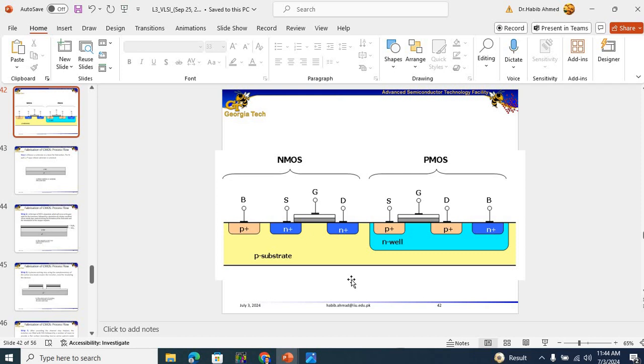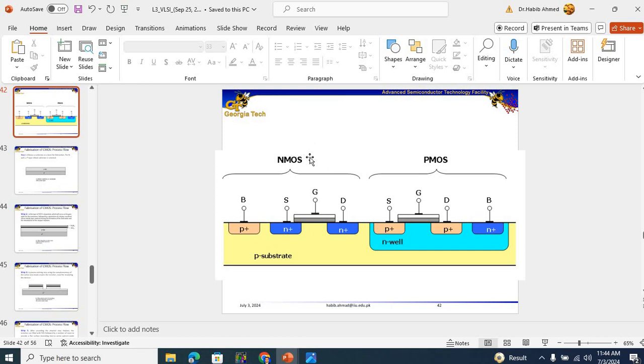CMOS stands for complementary metal oxide semiconductor. CMOS technology is a fundamental building block of modern integrated circuits and microprocessors. CMOS technology uses complementary pairs of metal oxide semiconductor field effect transistors.